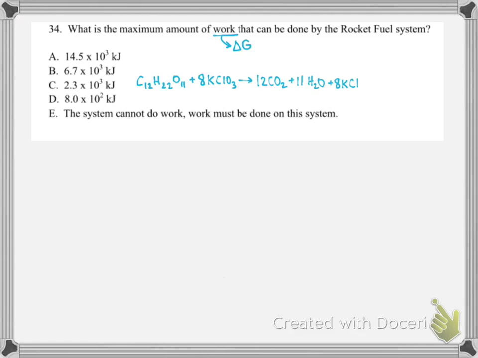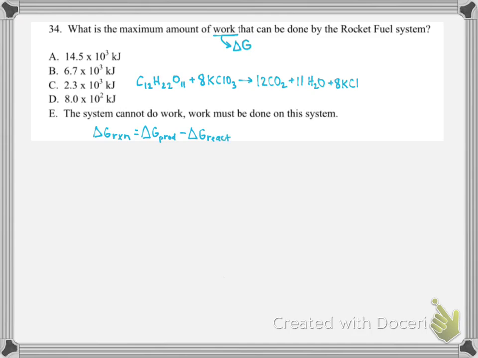And we'll want to keep the reaction in mind because we know we can use products minus reactants for this. So we can say that the overall delta G for the reaction is going to be equal to the delta G for the products minus the delta G for the reactants.